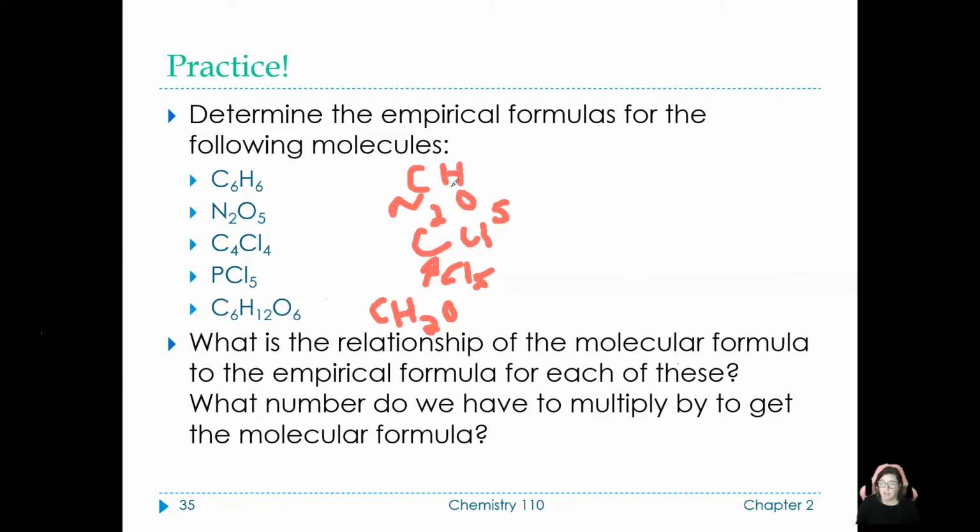Well, here it's 6, all right? So if we're talking about this particular one, we're talking about 6. This one is 1. This one is 4. This one is 1. And this one is 6. Okay? So it's just whatever number that we have. It's a relationship between the molecular formula and the empirical. Okay?